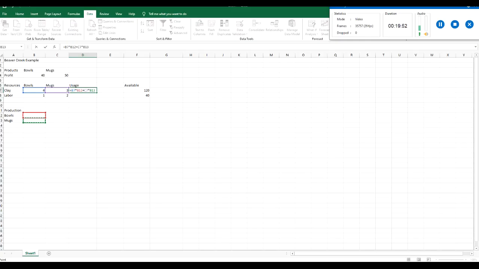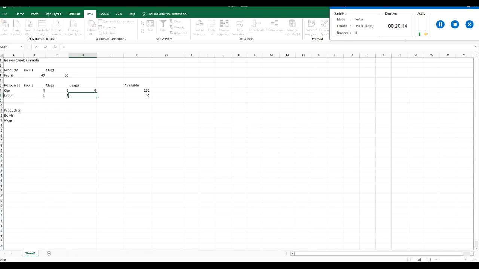If we manufacture 1 bowl and 1 mug, this will become 4 plus 3, 7. But right now it's 0 bowls and 0 mugs, so usage will be 0. We're going to do this one more time for the amount of labor used, usage of labor.